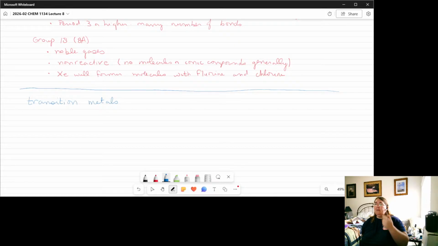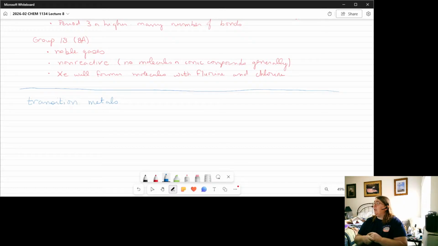So that, speaking of which, the transition metals, as chemists, we usually only actually work with kind of the first row of the transition metals.